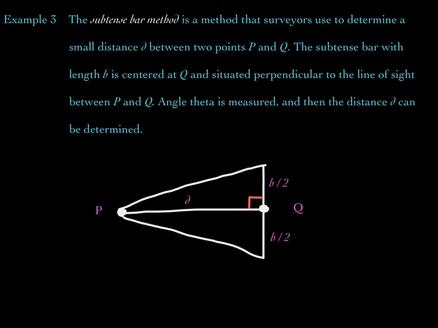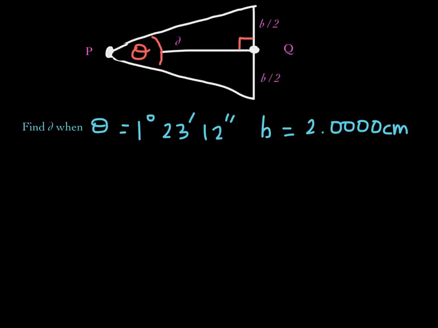Let me see if I can draw it. This is theta. All of this is theta. So there's our angle theta right here. All right. So this is everything they gave us so far. So here comes the question. They want us to find D, this distance between these 2 points.